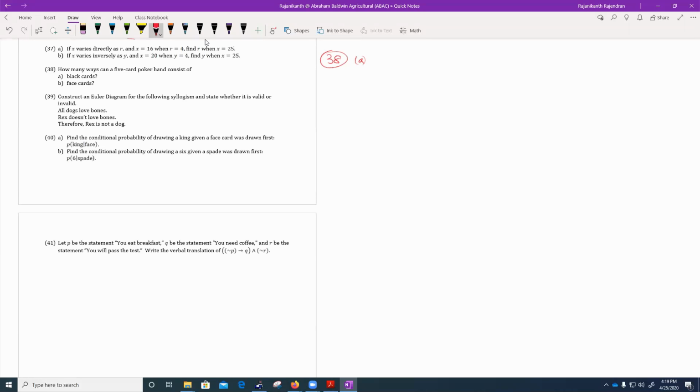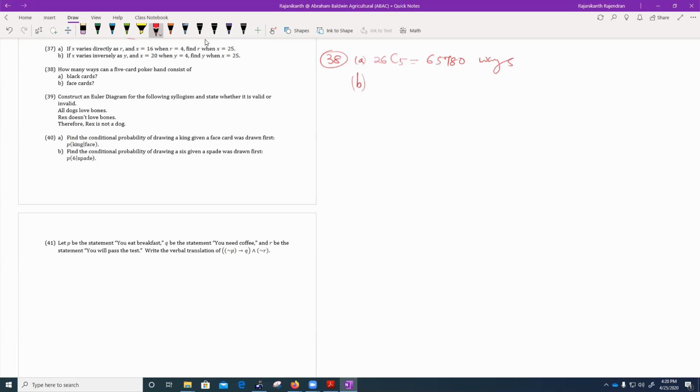I need to know, you are choosing five at a time. Therefore, the number of ways you could choose black is 26 choose five. If you find this, that is 65,780. This many ways I have.